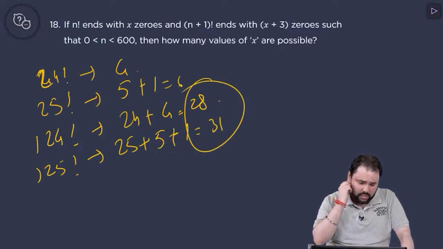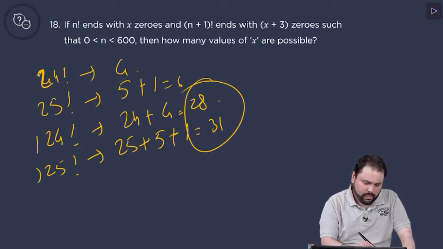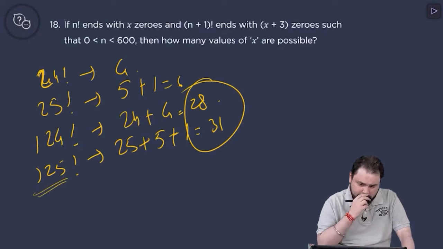So n factorial ends with x, n plus 1 factorial ends with x plus 3. How many such values of x? So all multiples of 125 in and around that.